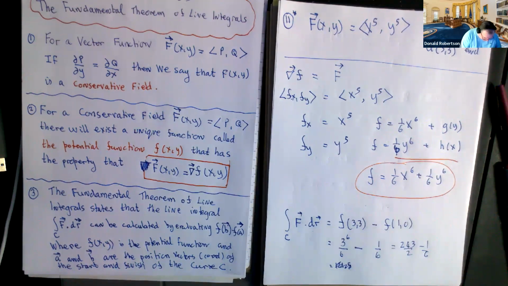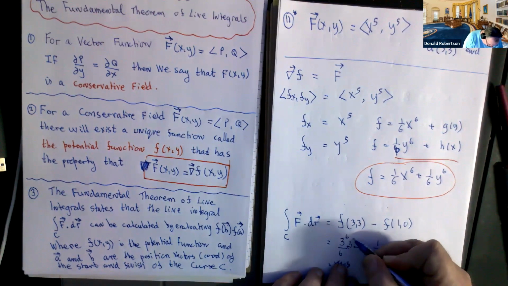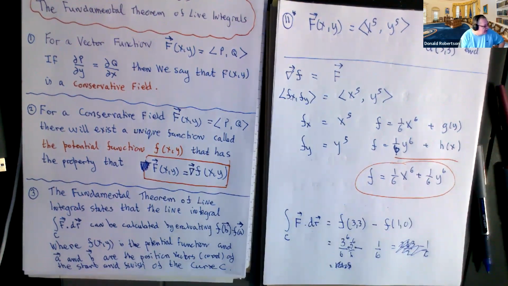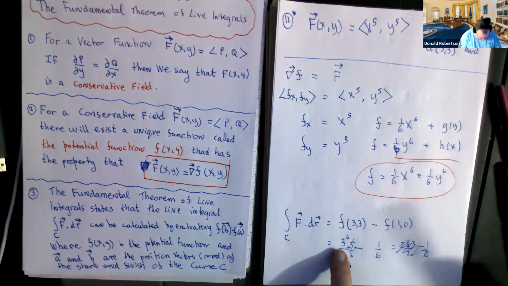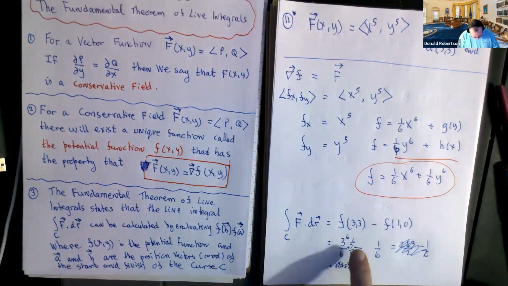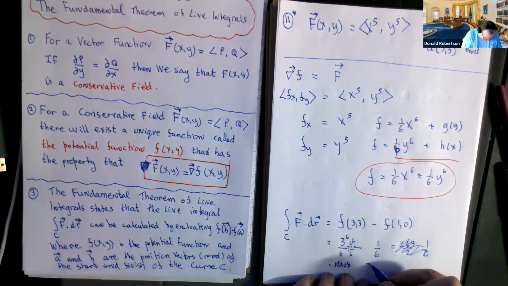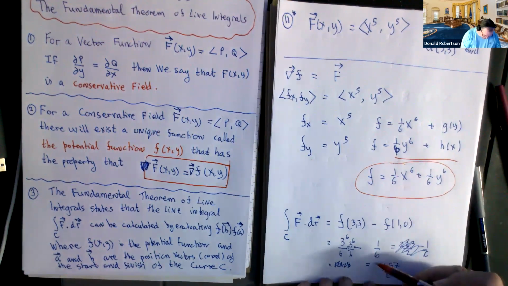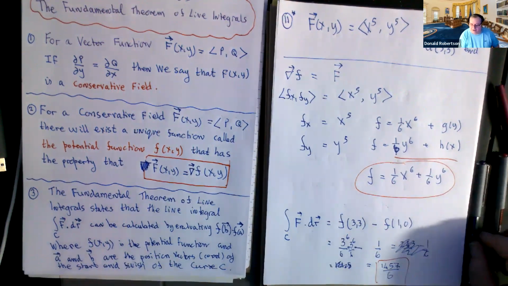Plus another 3 to the power of 6. That's what I forgot. And if you do 3 to the 6 plus 3 to the 6, take away 1/6, you will get 1457 over 6. Because that's what Webber tells me it is, and I believe it.